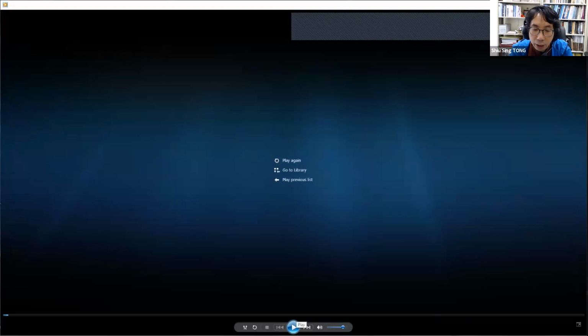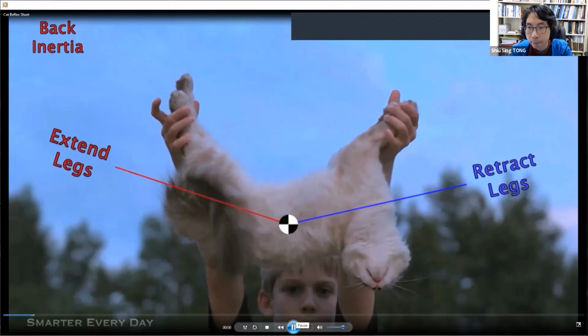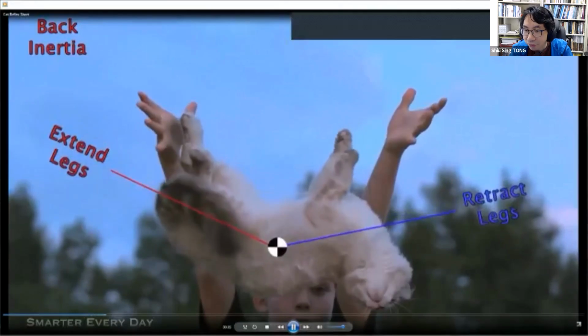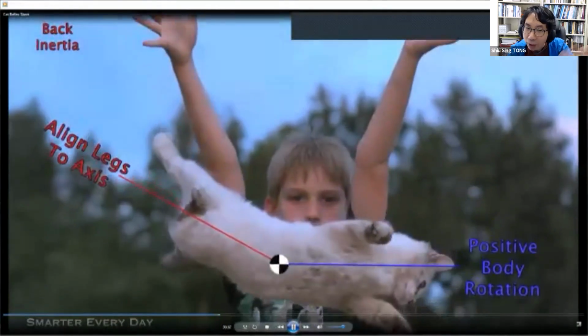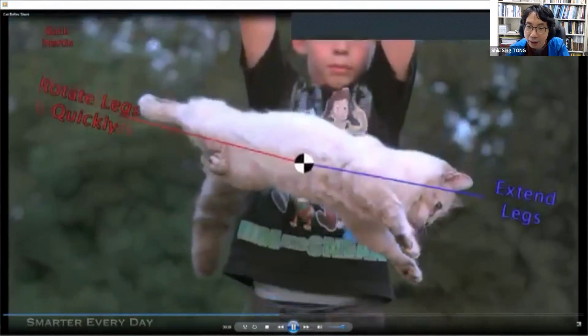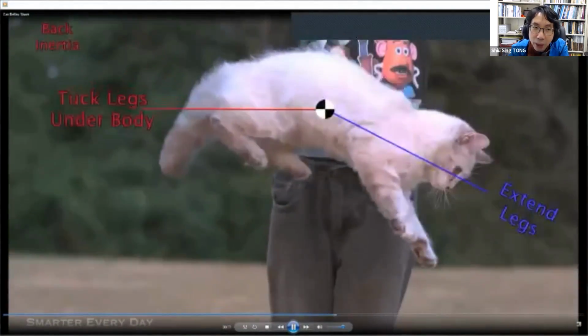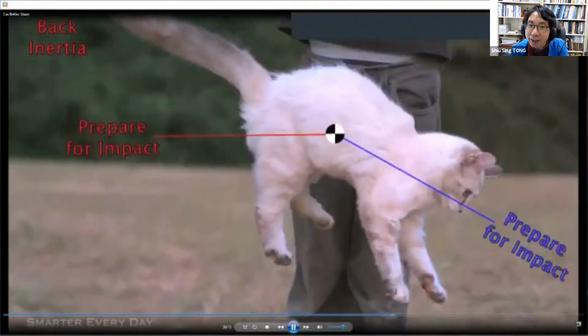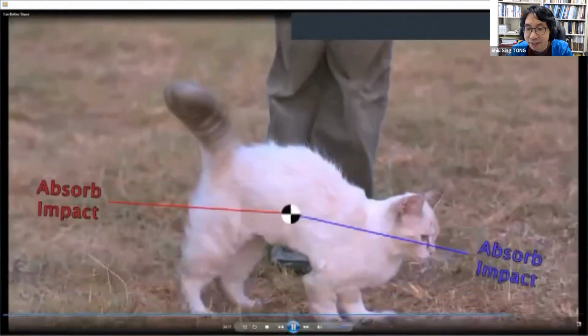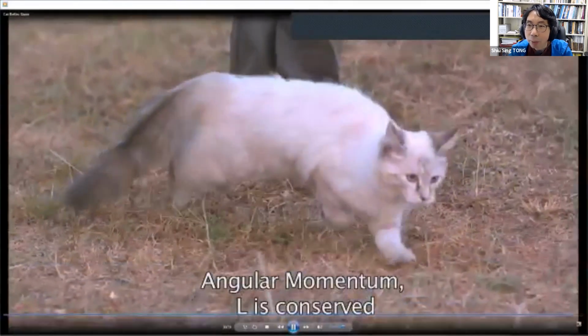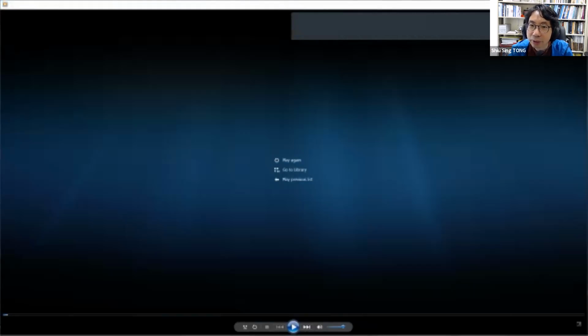Let's see it again. Okay, he retracts his front legs, so it turns his front body. There is a negative rotation on the other side, but then he extends the front legs and retracts his lower body, so it makes the turn complete. Okay. And angular momentum is conserved in this situation. So it's quite interesting to see that, right?